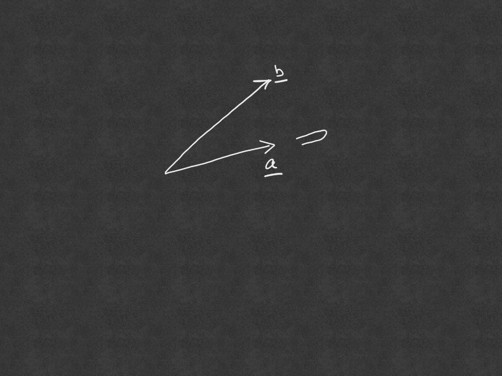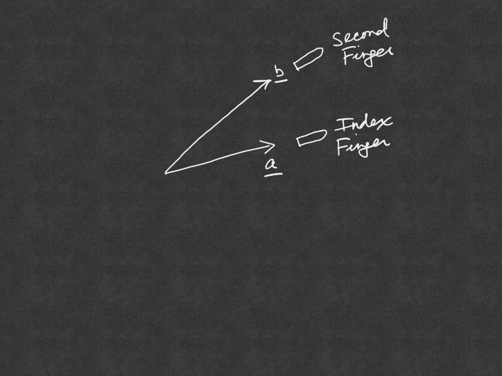First, imagine that A points along the index finger of the right hand, and B points along the second finger of the right hand. Then A cross B, because it has to be in the direction n, has to point along the thumb of the right hand.